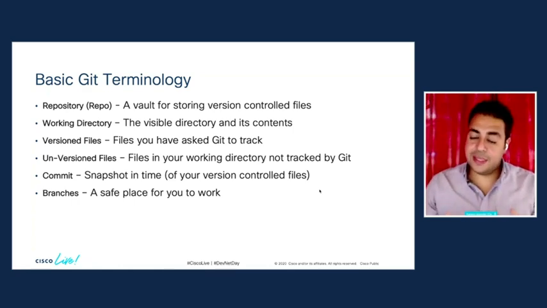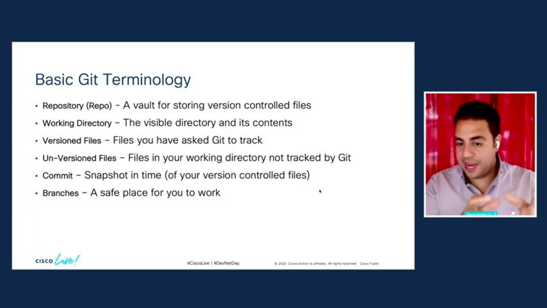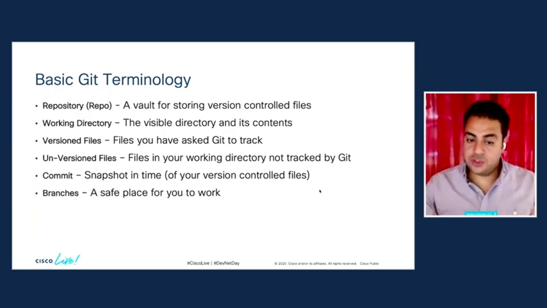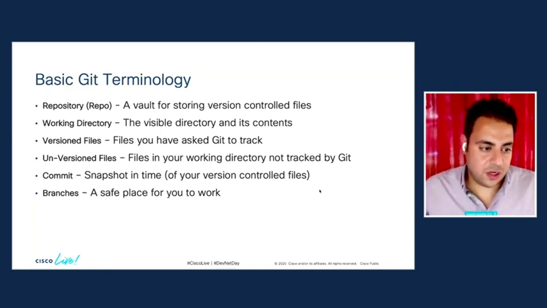What that allows is a team of many developers to work on the same code base without having to override each other, right? And it allows you to have merge protection. We're going to see that in our hands-on portion.